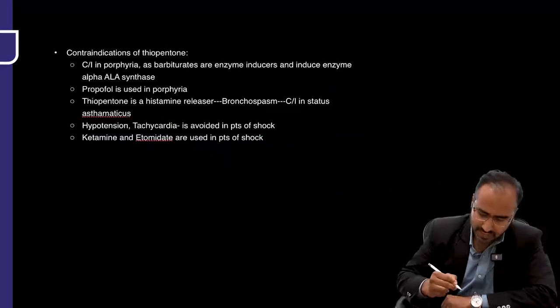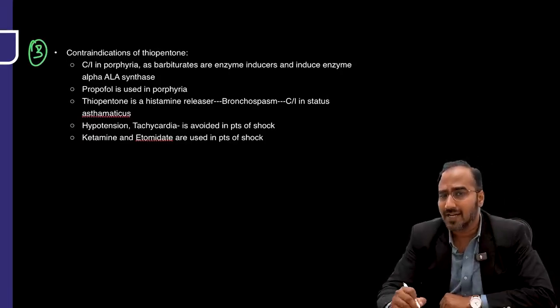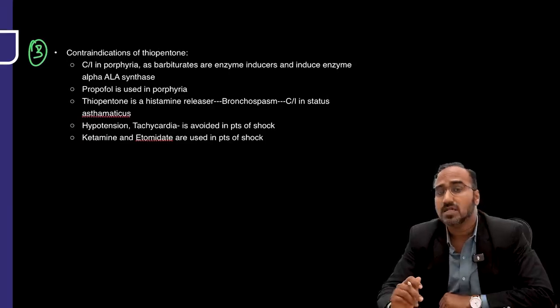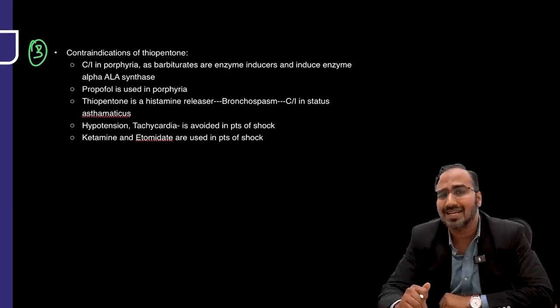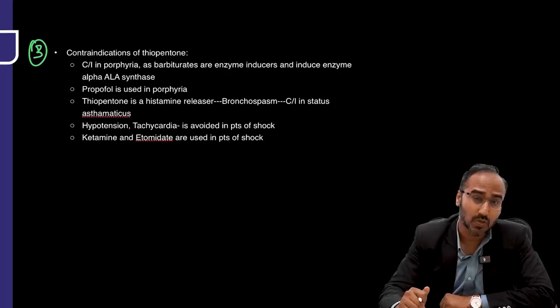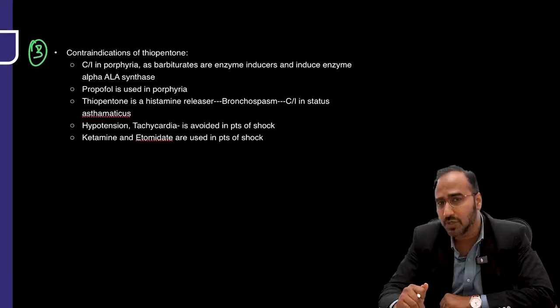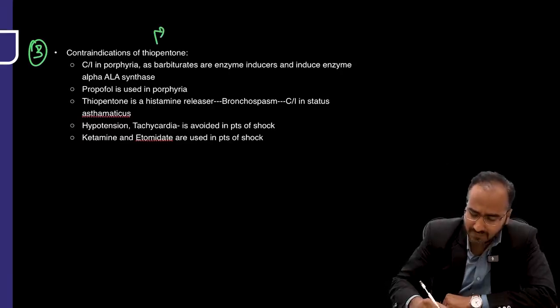Okay? Next, guys. The last thing about the drug that we need to discuss is about the contraindication. In which condition sodium thiopentone is contraindicated? Guys, sodium thiopentone is contraindicated in acute intermittent porphyria. There is a disease called acute intermittent porphyria where you never give sodium thiopentone.